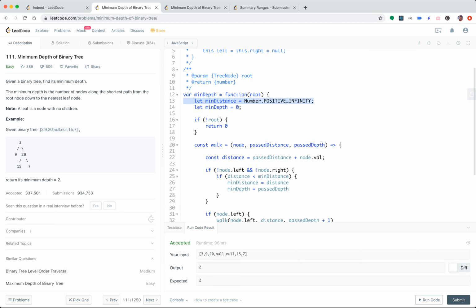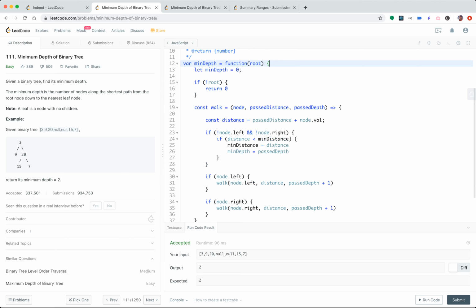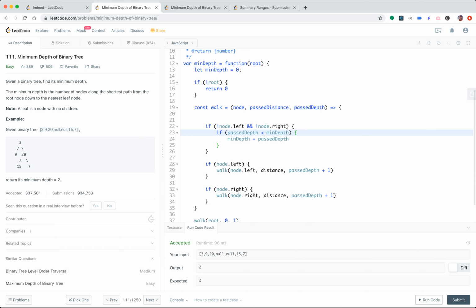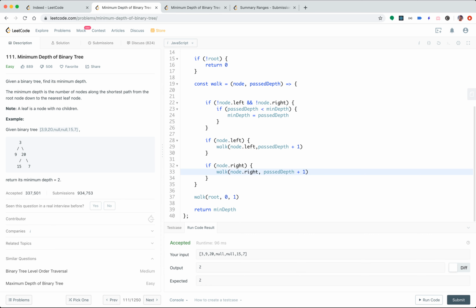If that's the case, we don't check this one. If path means this, we don't pass in distance. Just pass 1.